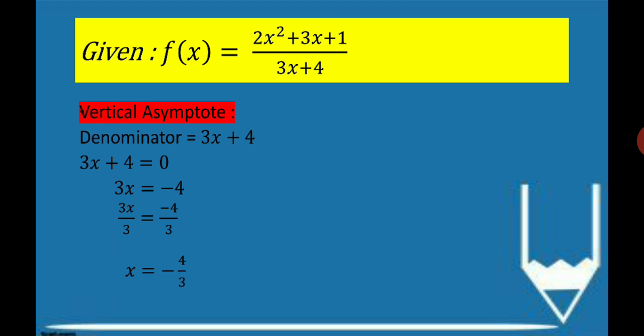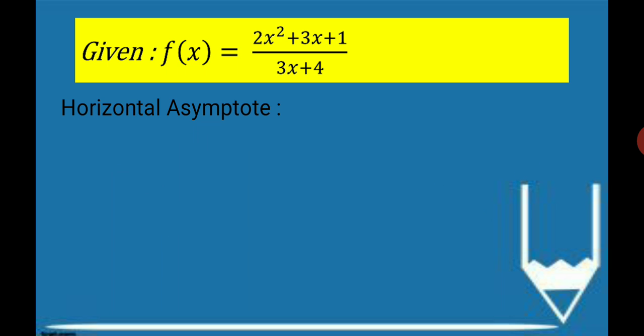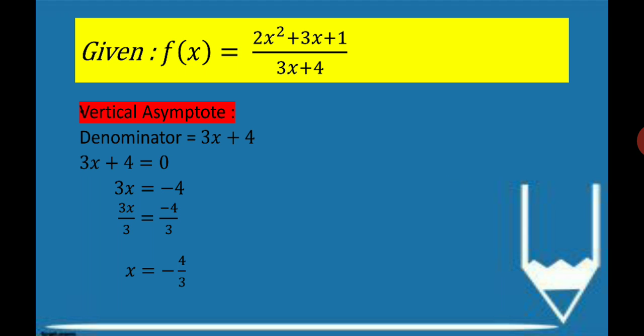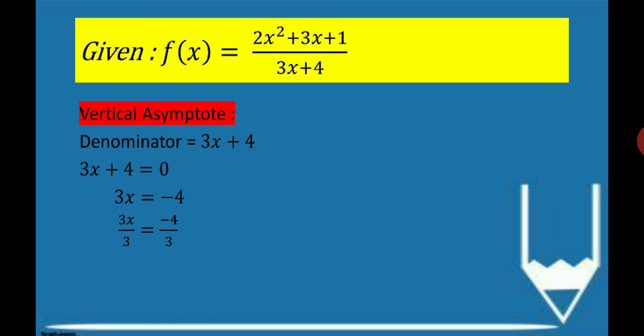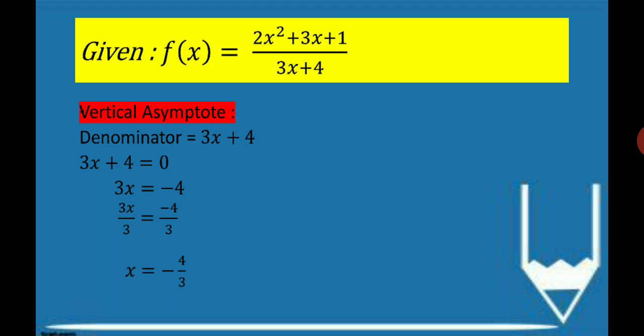Huwag pilitin ang hindi pwede. Okay, correct. So, our vertical asymptote is negative 4/3. By the way, always make sure that it is in simplified form. In this case, final answer na siya because it is already in the lowest terms.